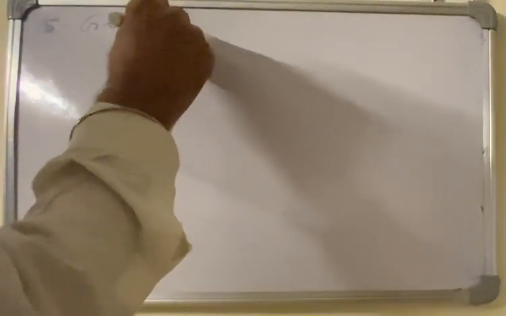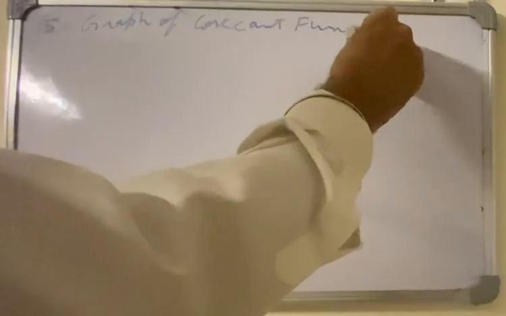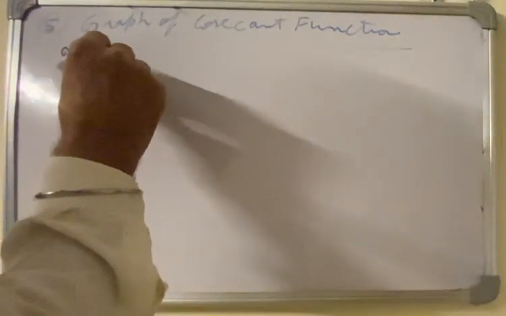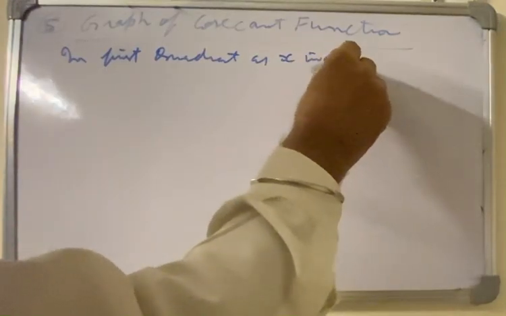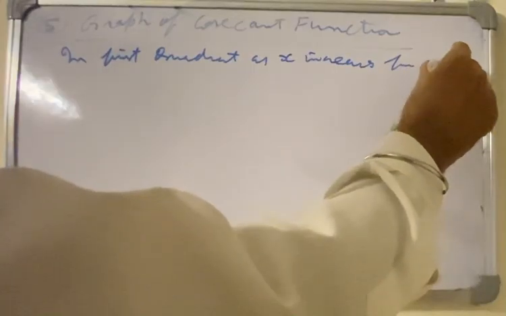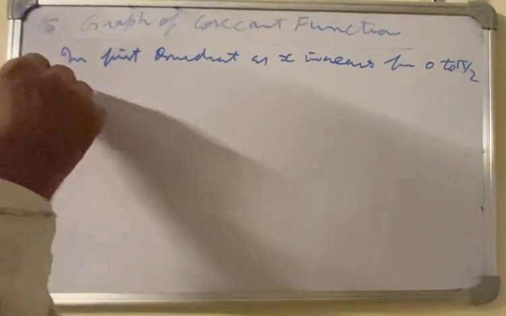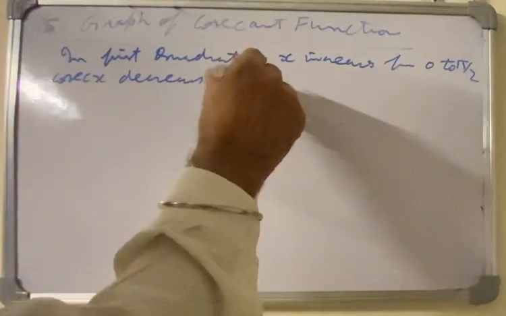In first quadrant, as x increases from 0 to pi by 2, cosecant x decreases from infinity to 1.